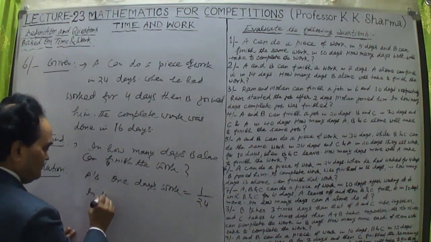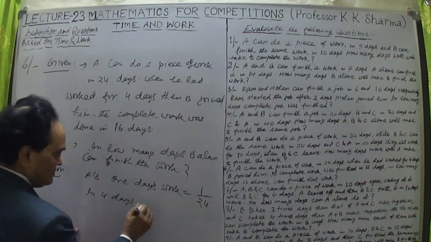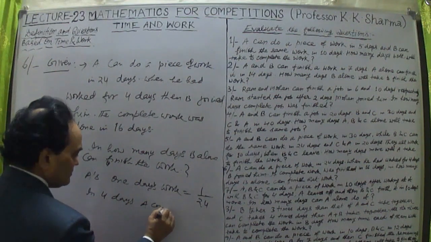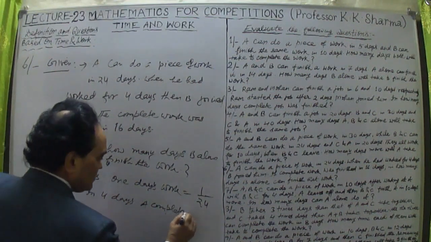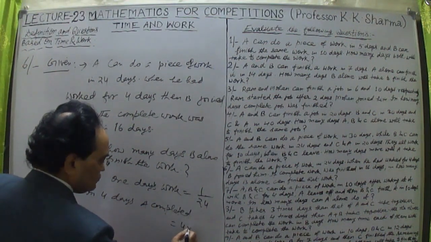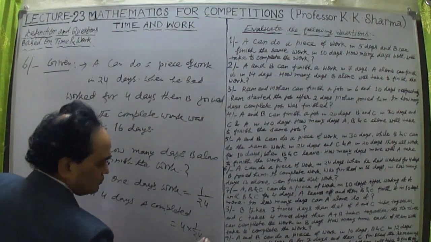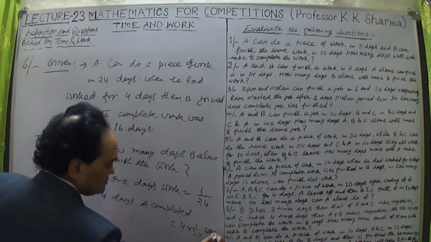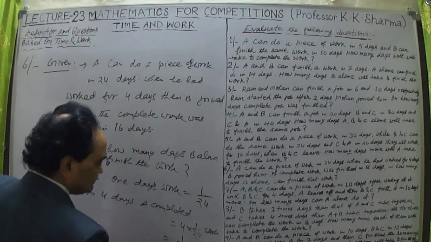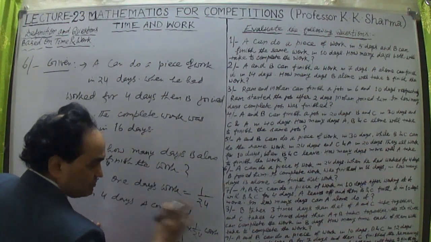In 4 days, A completed 4 into 1/24 of the work. That means 1/6 of the complete work was done.